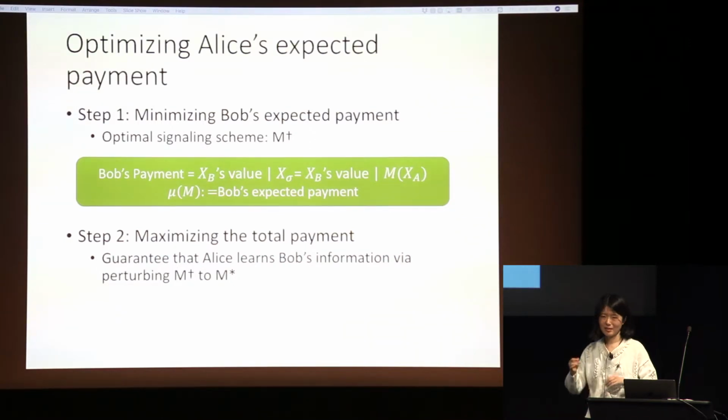And the problem is, sometimes Alice cannot learn Bob's information from Bob's trading behavior. But luckily, we will show that you can still tune the transition matrix a little bit, such that you can always learn Bob's information from Bob's trading behavior, and you only sacrifice a little bit. So basically, that is 2 steps.